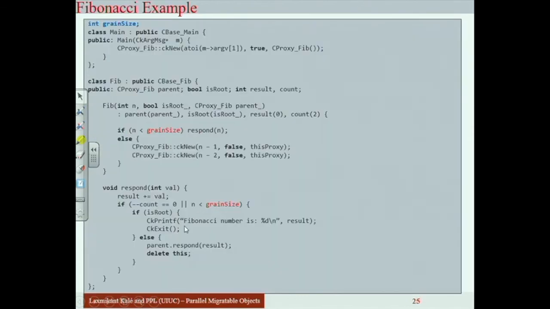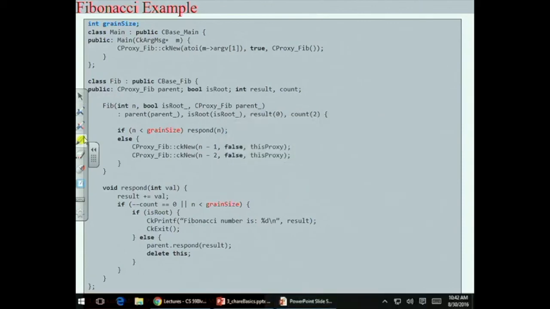So here I will simply say mainProxy.done with result, and no CkExit, because it's going to call the CkExit. So that's what I would change here. I would just say main.done(result), and then that one will print it and call CkExit.